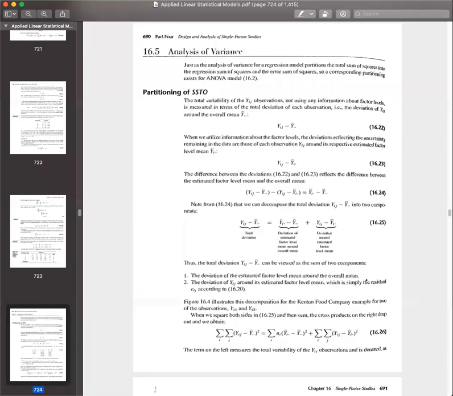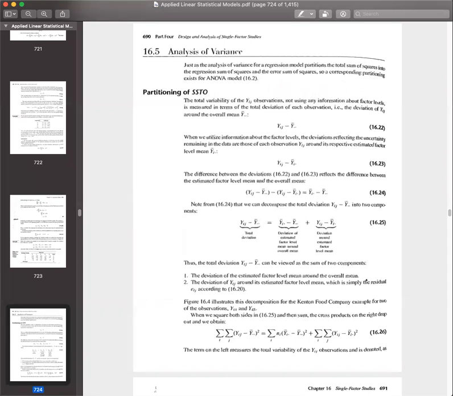The total variability of the Yij observations, not using any information about factor levels, is measured in terms of the total deviation of each observation, that is, Yij minus Y bar dot dot. When we utilize information about factor levels, the deviations reflecting the uncertainty remaining in the data are those of each observation Yij around its respective estimated factor level mean Yi bar, that is, Yij minus Yi bar.